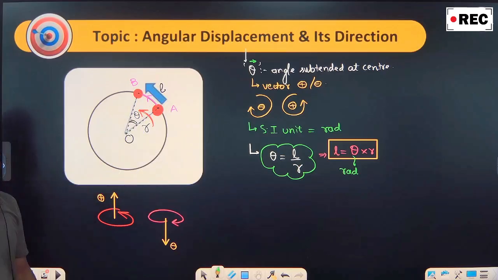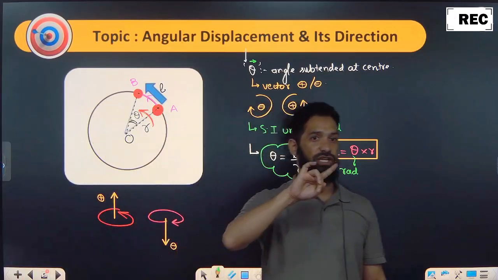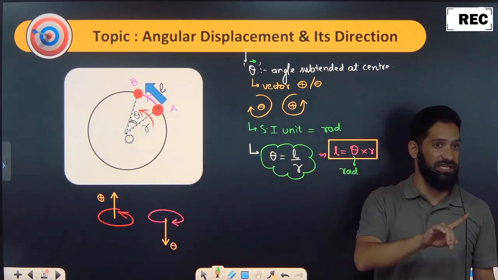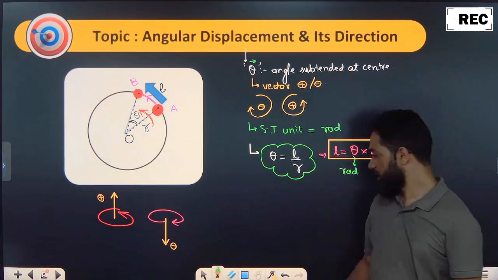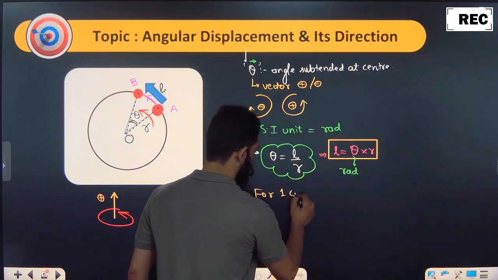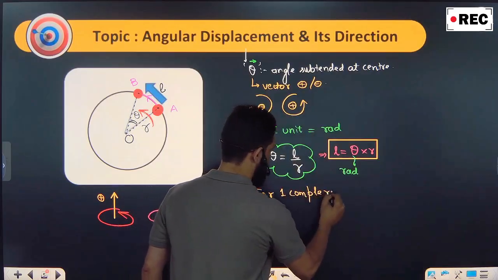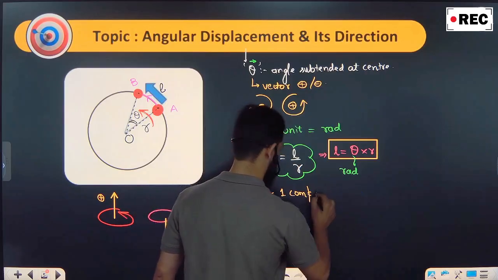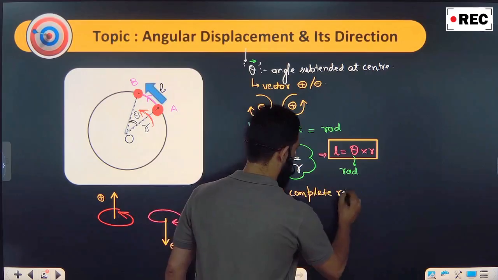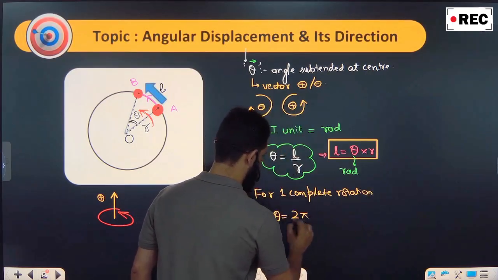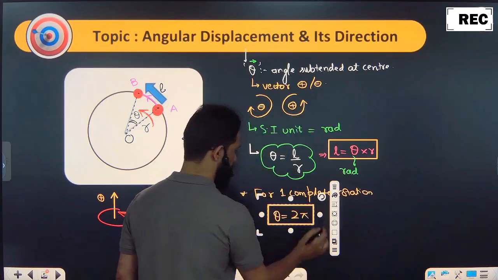Now tell me, what is the angular displacement for one complete rotation? I'm not saying displacement. 360 degrees. So it is 2 pi radians. So for one complete rotation, angular displacement is 2 pi radians.